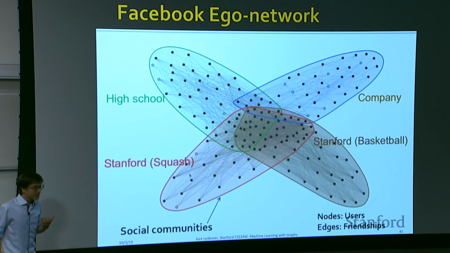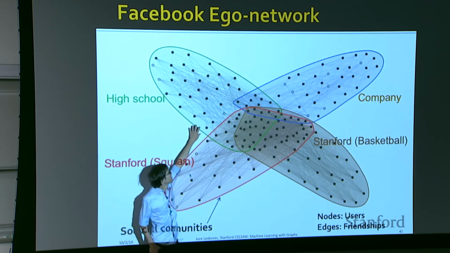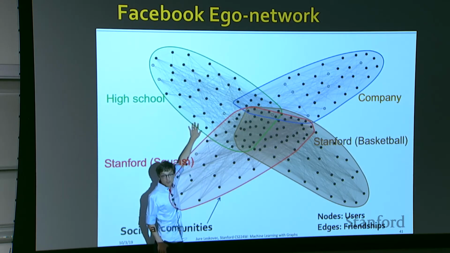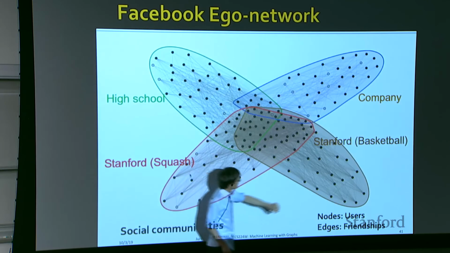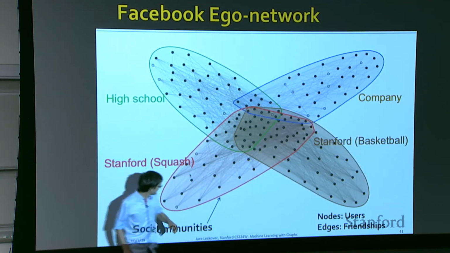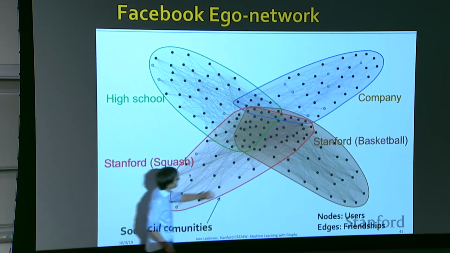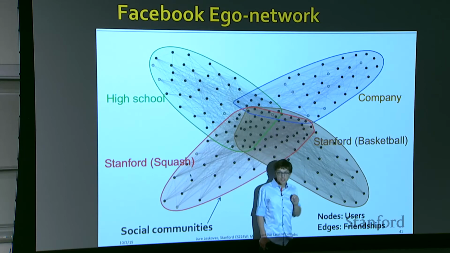This was a student in my group who's from Korea. He has quite a few friends from high school. He also has friends at Stanford who he plays basketball with. And then he also has friends at Stanford who he plays squash with. And then the company is friends from his internship.